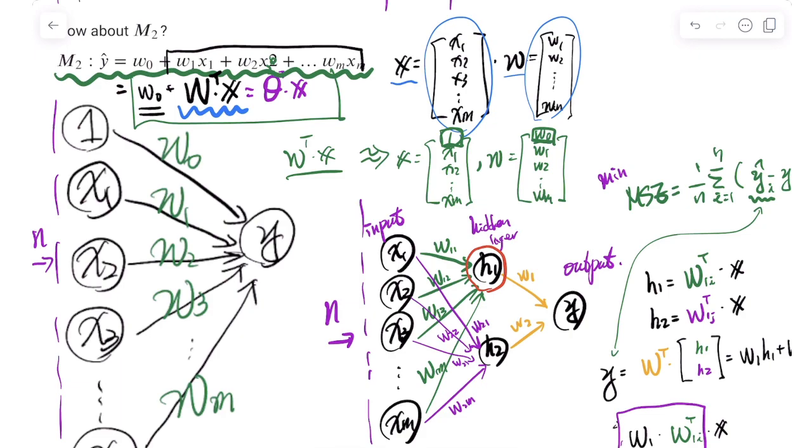Okay, it really doesn't matter whether you use the first representation or the second one. It's the same.